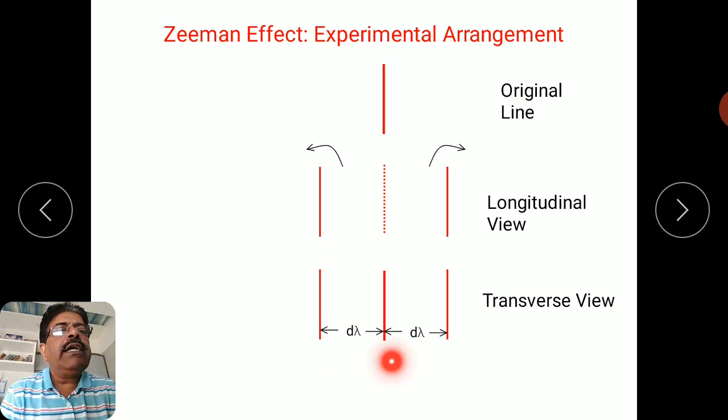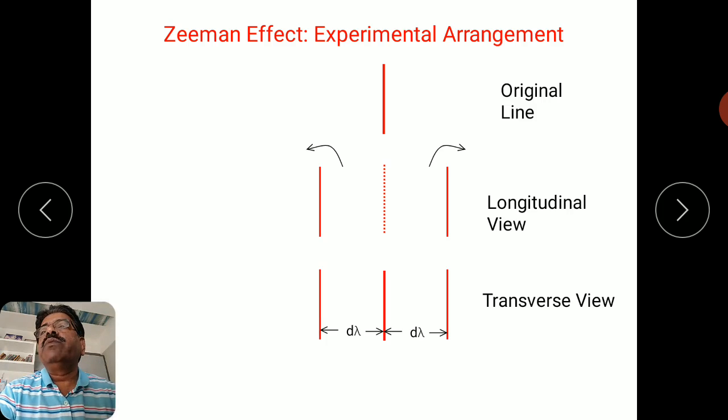If you see, they are symmetrically placed. Suppose the difference in wavelength of one line from the original line is d lambda, then the same difference will be observed for the other line also. So that is the transverse view.